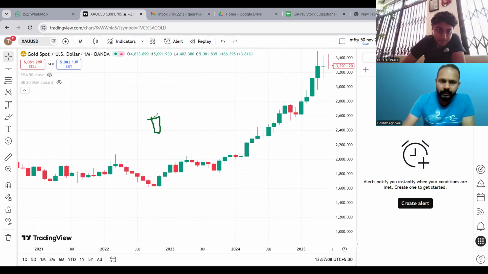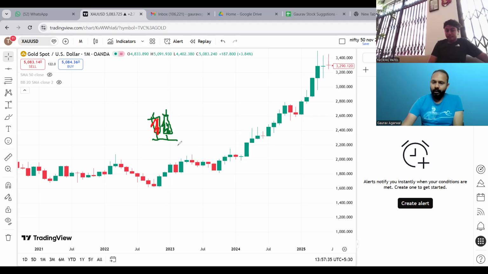One candle will look like this, and it will mostly be red. And then we have one more candle, which may also look somewhat like this, but it will be green in color, right? Two candles in parallel. Both the candles should be forming the same bottom.